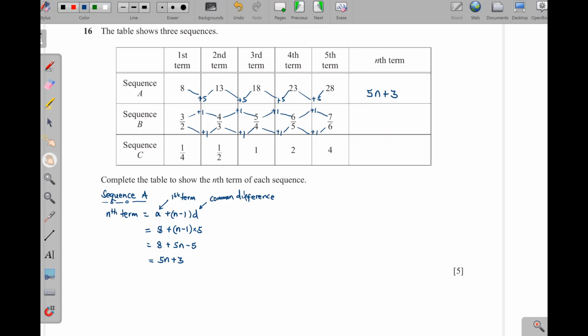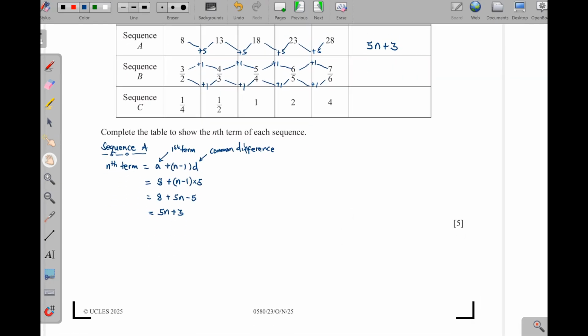So we are going to do those two linear sequences. So let us look at sequence B. Now let us look at the numerator. So the numerator, the nth term, just like here, the first term is the 3.